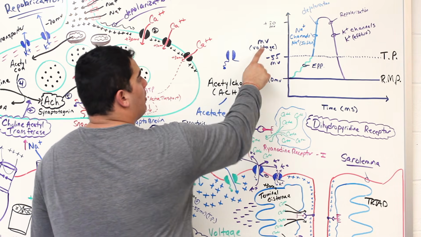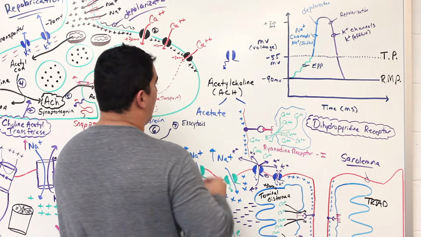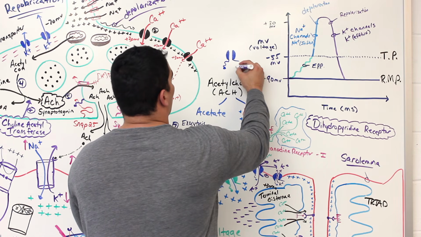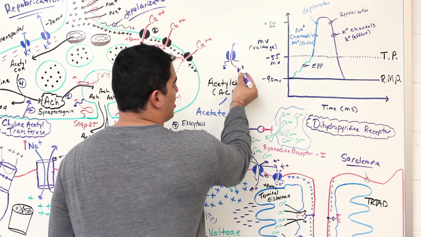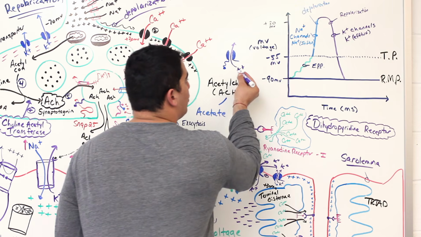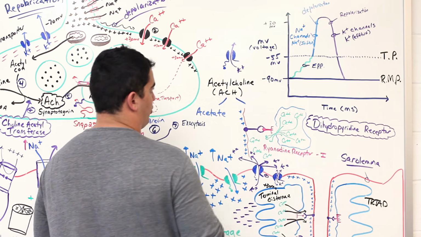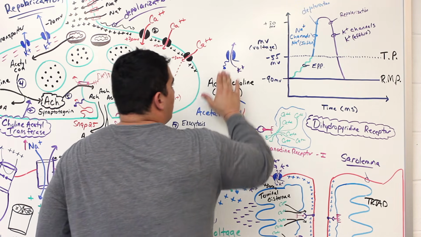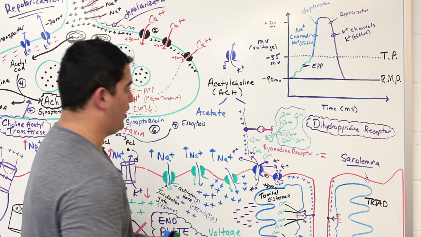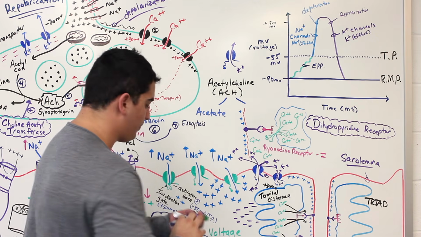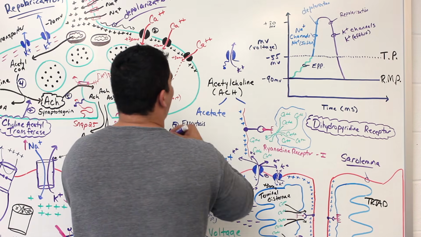Cool. But then potassium keeps exiting the cell, and we said that potassium will leave the cell until we reach resting membrane potential, which is almost exactly equal to its equilibrium potential, or its Nernst potential. When potassium leaves and it reaches negative 90 millivolts, guess what happens to that inactivation gate? It becomes stimulated. So what voltage stimulates the inactivation gate?